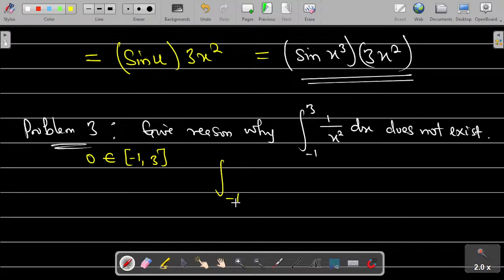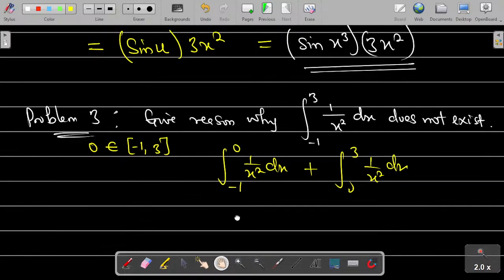If I choose to break it from -1 to 0 of 1 over x squared dx, and then plus from 0 to 3 of 1 over x squared dx, you discover that this does not exist and this does not exist, because at x equal to 0, you are going to get an undefined expression.